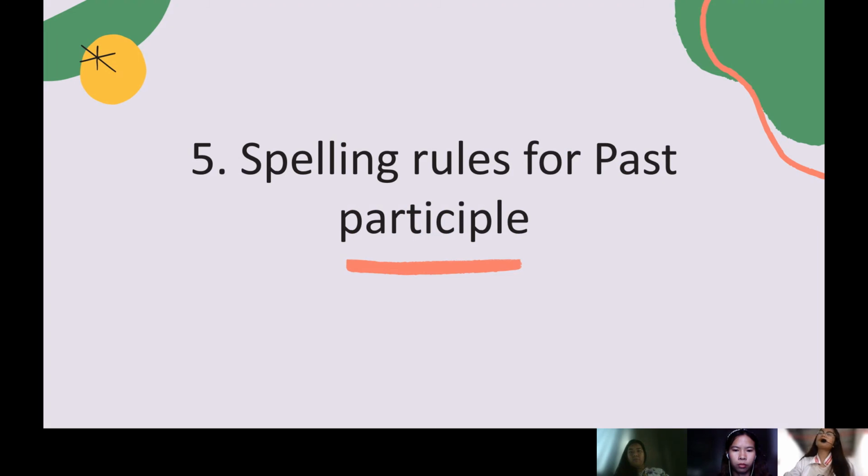So, spelling rules for past participle. Just like the present participle and gerunds, of course, meron ding rules kung paano ba ini-spell yung past participle. First, we have these four words: listen, like, cry, and drop. This is what we call, ano yung tawag natin sa mga ganitong klaseng words without suffixes and all? What do we call them? Do you still remember? Listen, like, cry, drop.